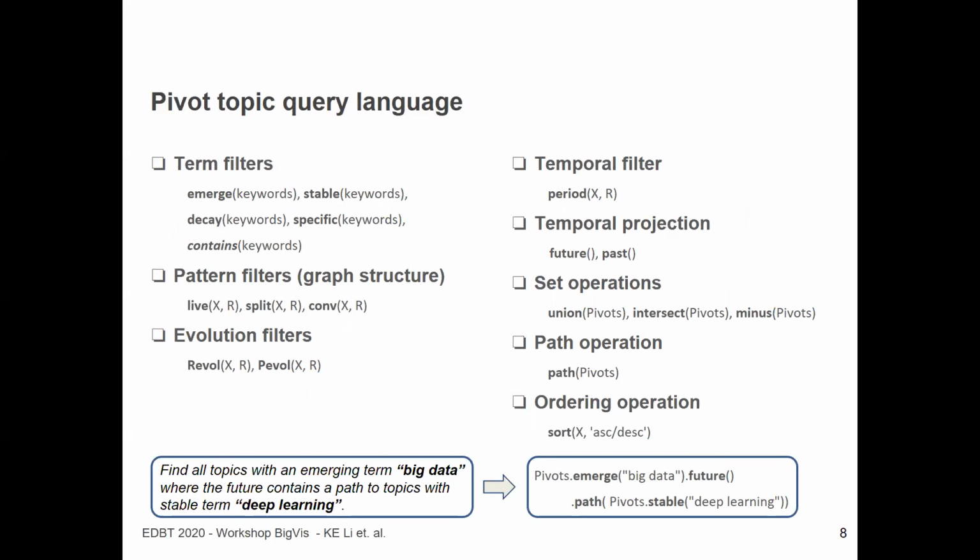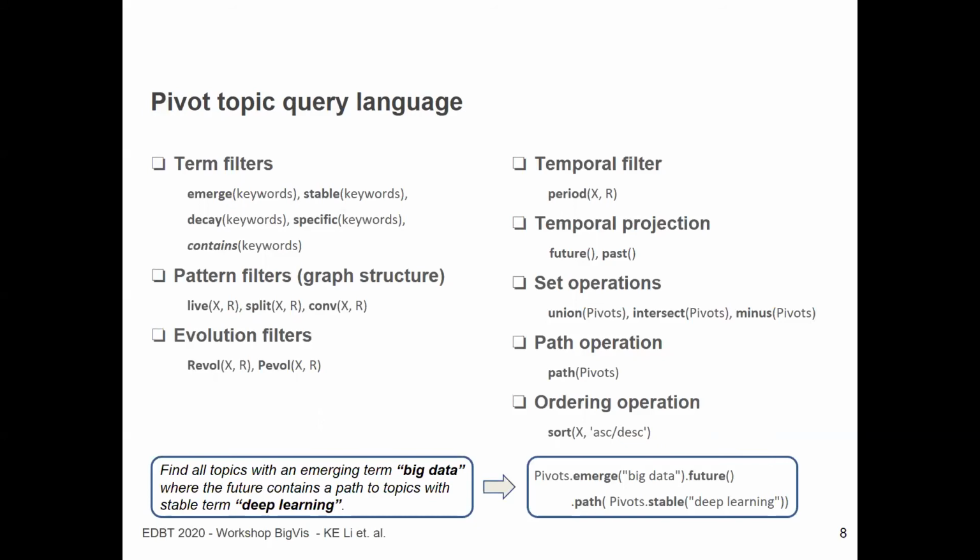The temporal projection allows to project the pivot graph to its past and future. The set operations combine sets of topics by union, intersection, and difference. The path operation selects pivot topics by the existence of paths to or from other pivot topics, and the ordering operation sorts pivot topics by their attributes.